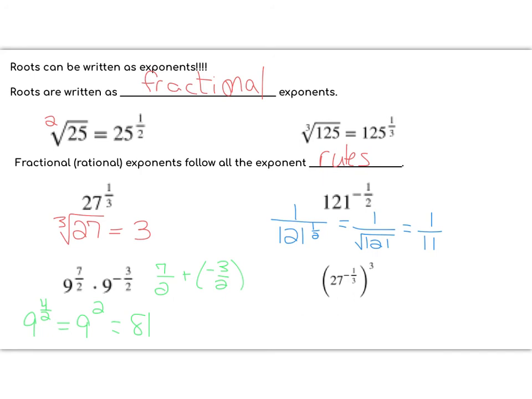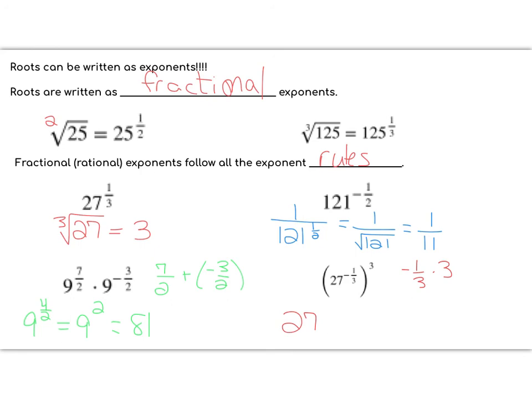One more. So here I have 27 to the negative 1/3 raised to the 3rd power. Notice I have a power to a power. What do I do when I see a power raised to a power? I multiply the powers, right? So I'm going to do 27, and then when I go to the side here, negative 1/3 times 3 is what?